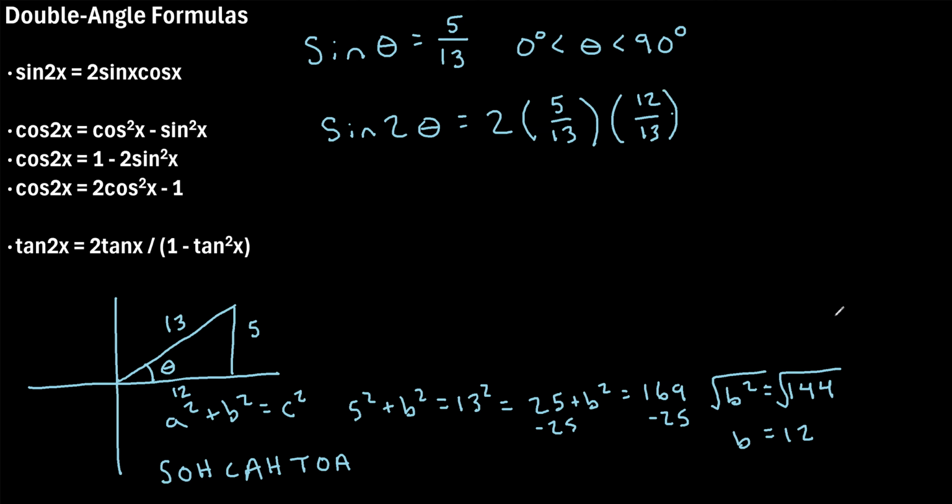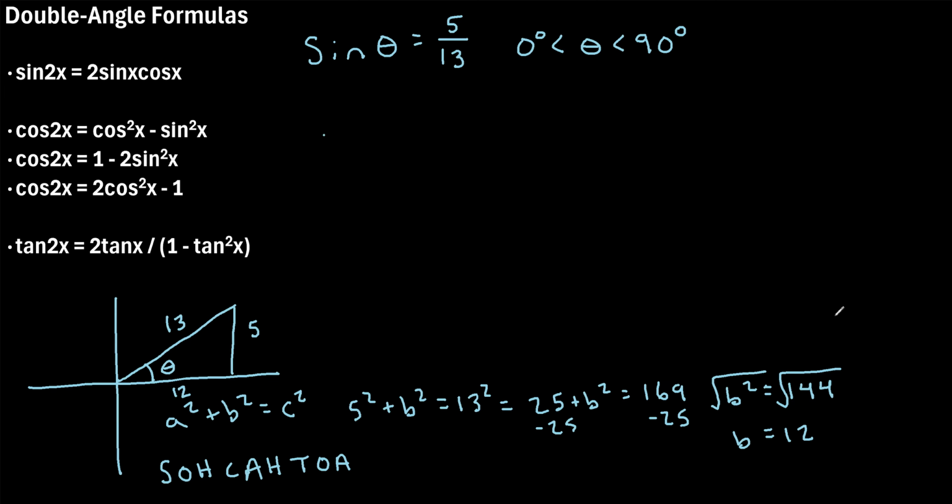And now all we have to do is just multiply these values straight across. So it helps if we write this 2 as a 2 over 1. So 2 times 5 is 10, times 12 is 120. So in our numerator we have 120, and in the denominator we have 1 times 13, that's just 13, times 13. So 13 times 13 is 169. So the sine of 2 theta is 120 over 169.